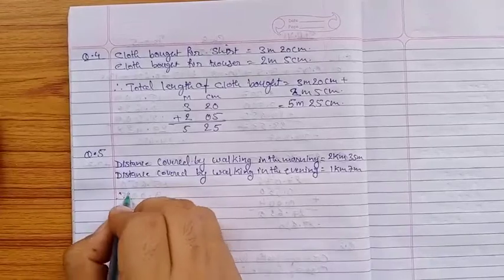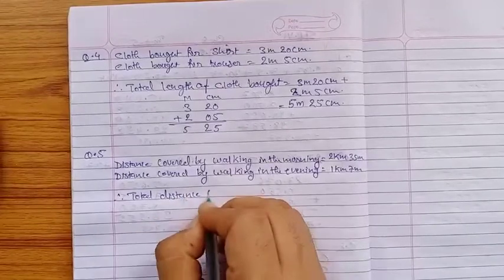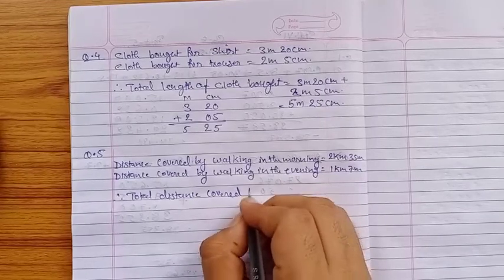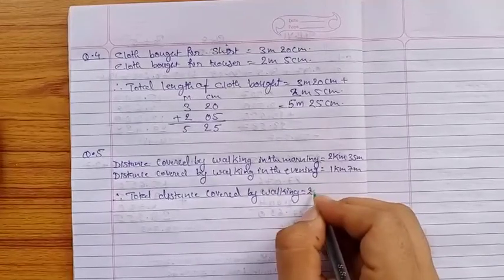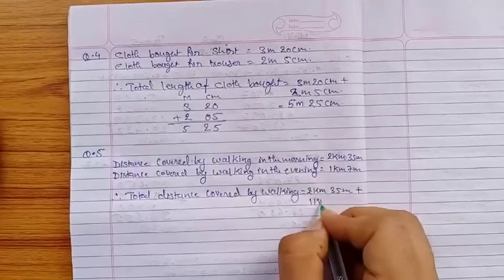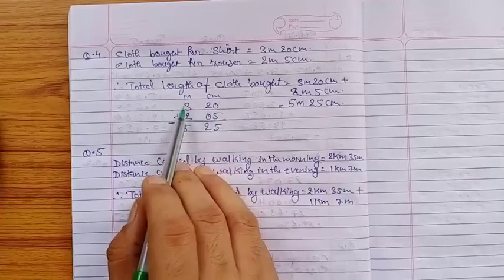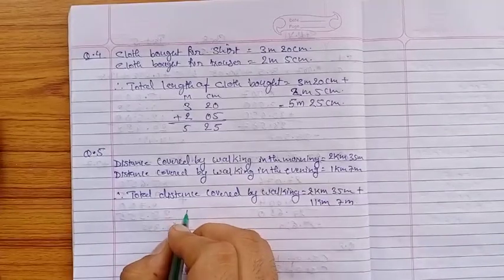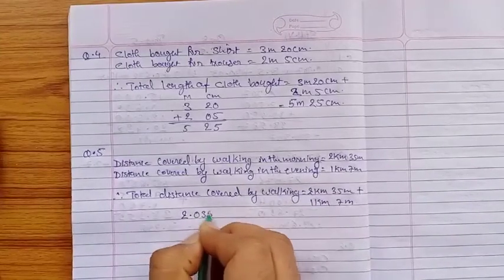So therefore total distance covered by walking is equal to 2 kilometer 35 meter plus 1 kilometer and 7 meter. Now just as you wrote meter and centimeter, you write kilometer and meter. What we can write, 2 kilometer 35 meter means it is 2.035.